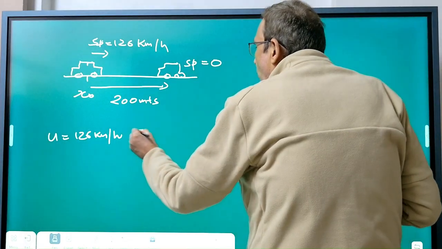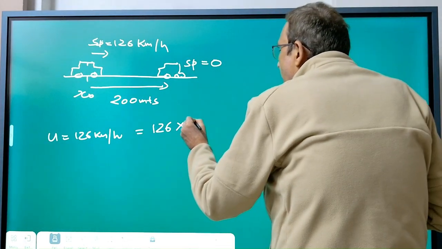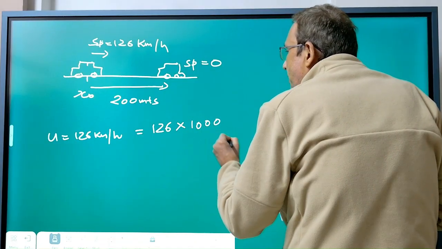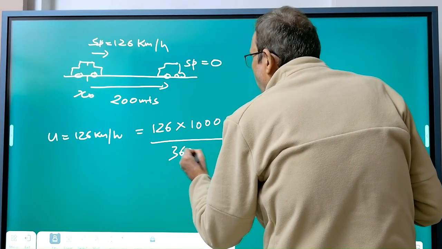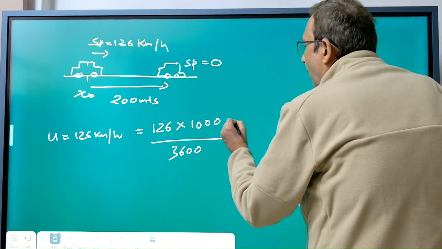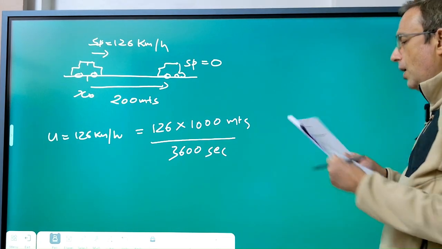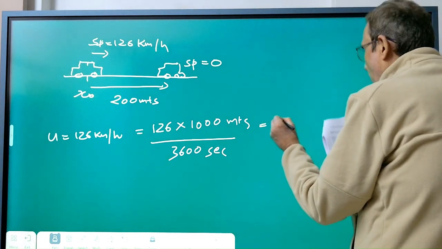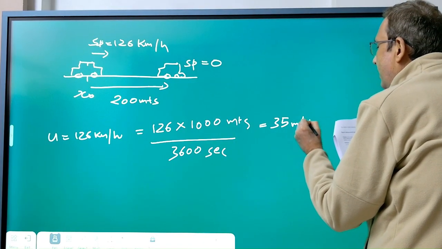You do it by this: 126 into 1000 meters for the kilometer, and for the hour you have 3600 seconds. Then when you do this, you have 35 meters per second.